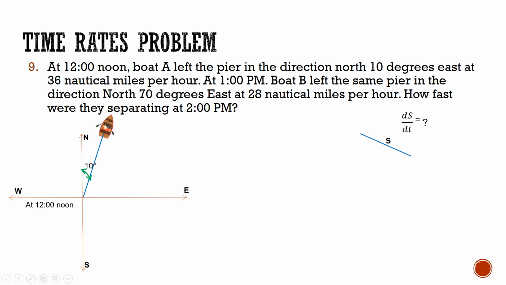This is the north. It is measured 10 degrees east, okay? So we form a line here and have the angle 10 degrees. The speed of the boat is 36 nautical miles per hour. Remember that distance is velocity times time. So I will simply multiply velocity times time here.